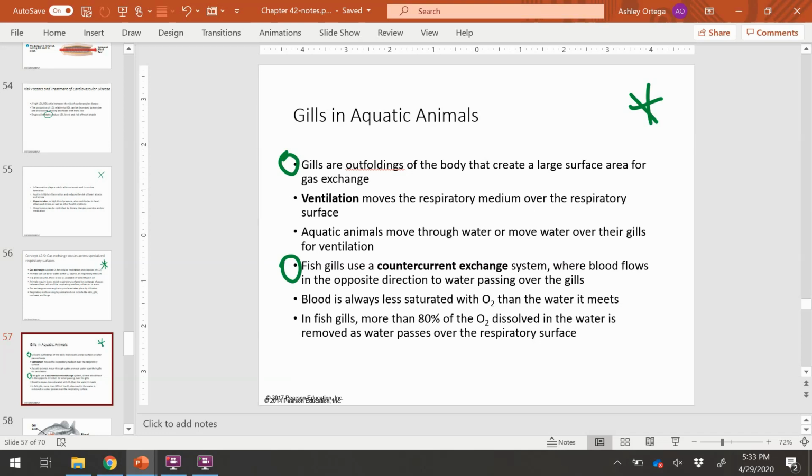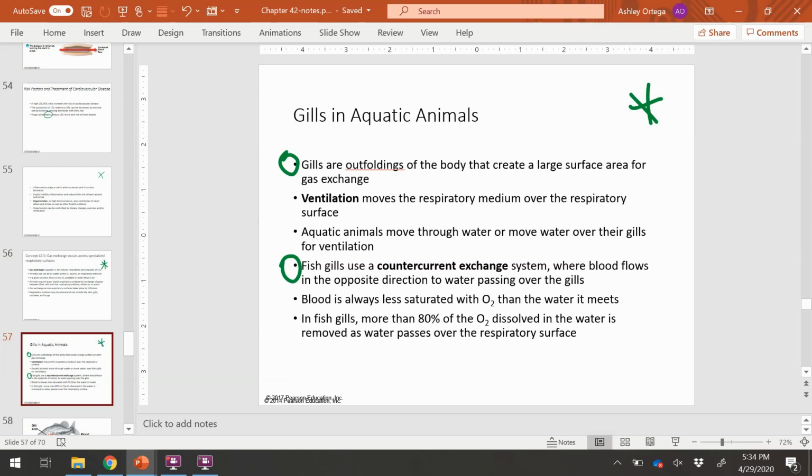Something important about gills in fish, they have something called a countercurrent exchange system, in which the blood flow is opposite to the water flow. And so by having this opposite direction of blood flow, it allows for better exchange of oxygen and carbon dioxide with water.